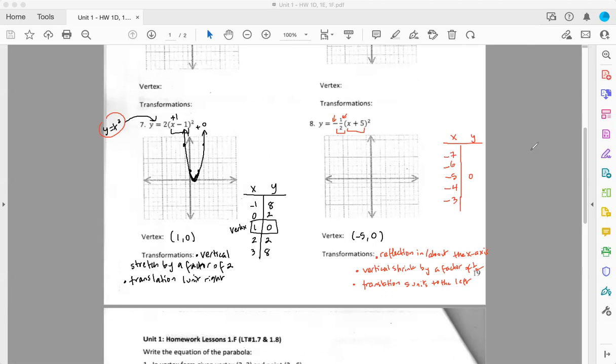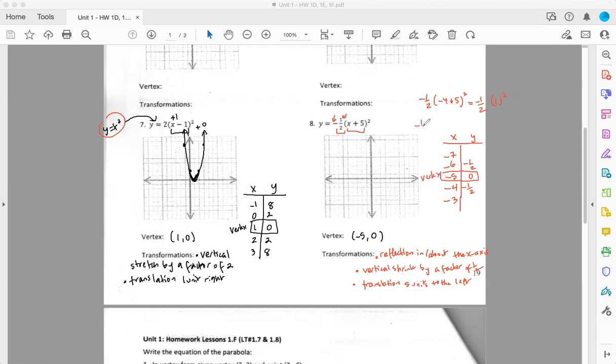If you do f of -4, you get -1/2 multiplied by -4 plus 5 squared. So -4 plus 5 is 1. 1 squared is 1 times -1/2 is -1/2. And that's guaranteed to be here. Remember, they're symmetrical simply because the vertex is in the middle. This is always the vertex.